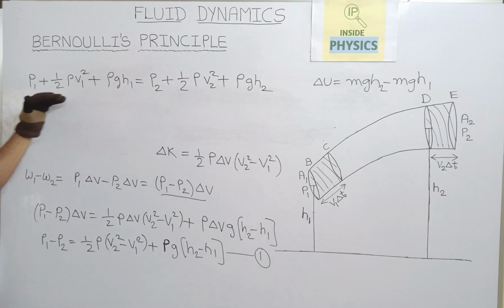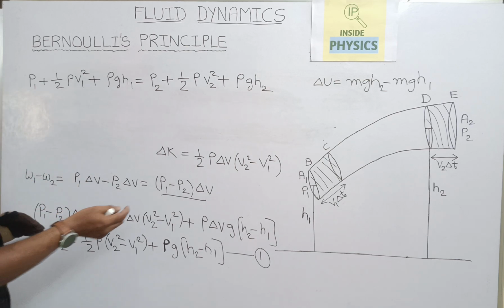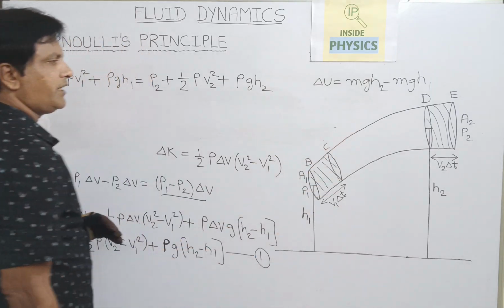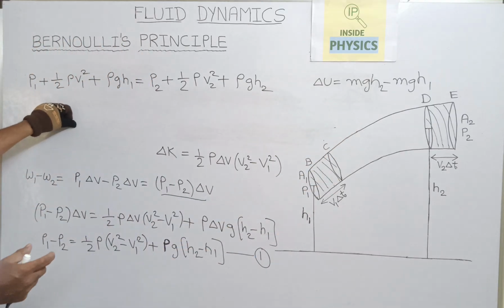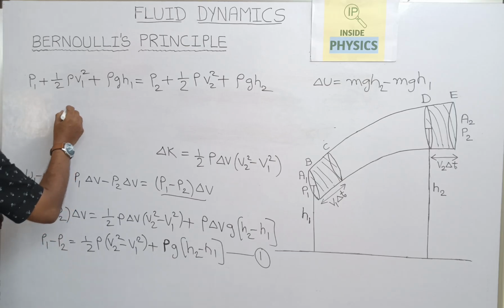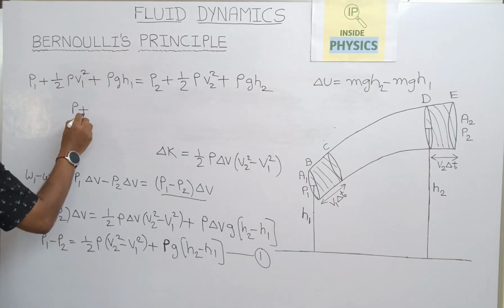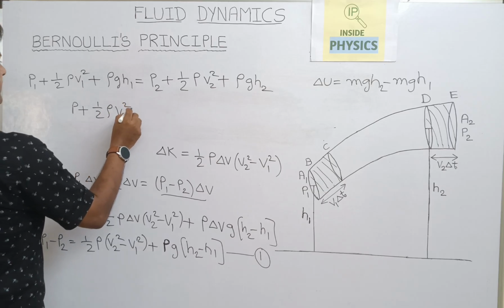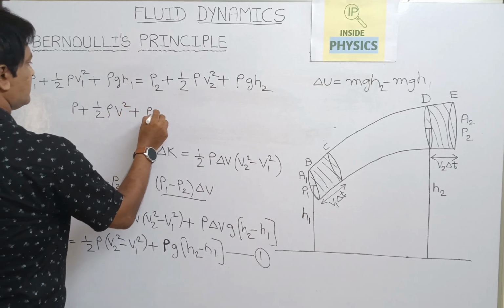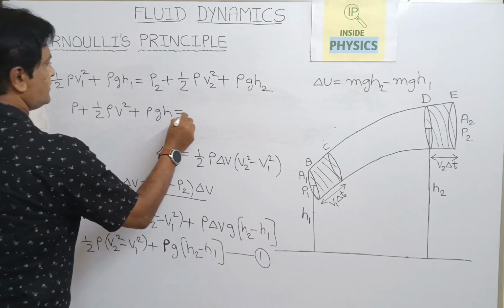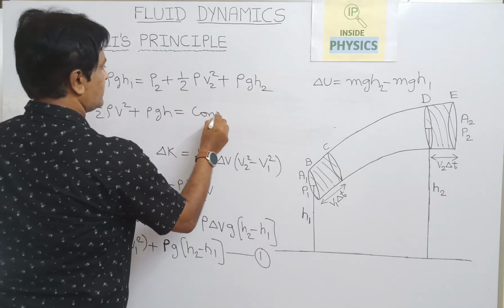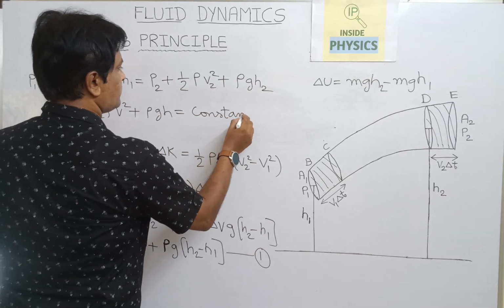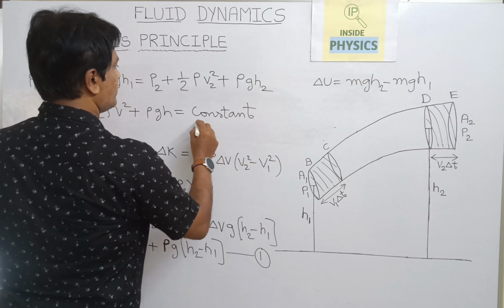So by observing this equation, we can say that throughout the motion of the liquid in a pipe or in a tube with varying cross sectional area, pressure plus kinetic energy plus potential energy is equal to constant. So this is what the Bernoulli principle says.